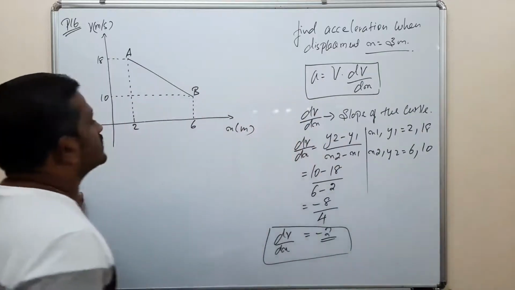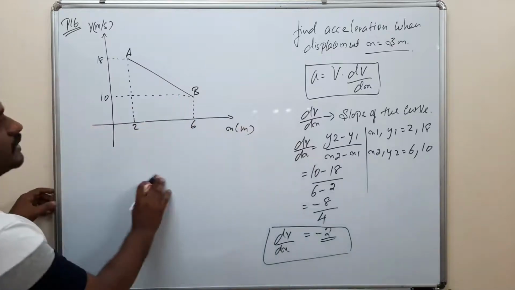Okay, so what is v? v is the velocity corresponding to the displacement of 3 meter.